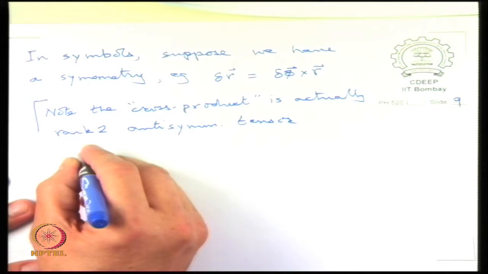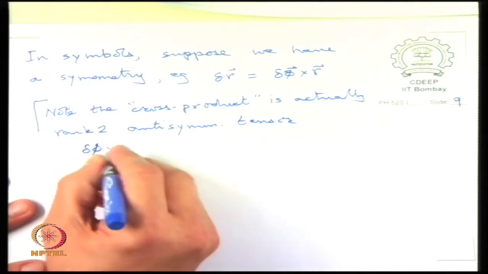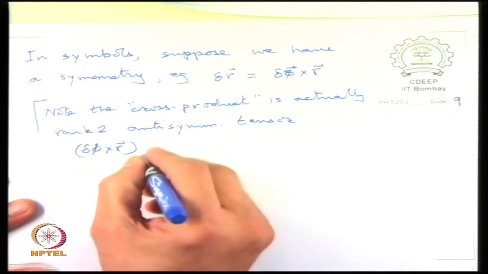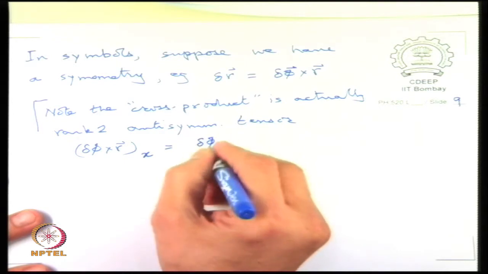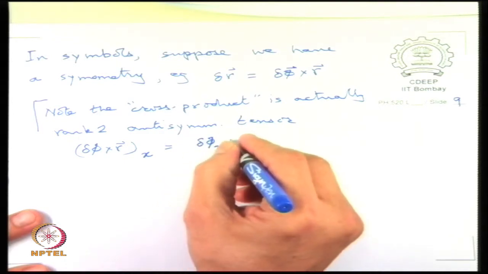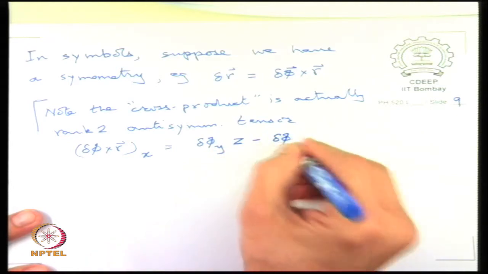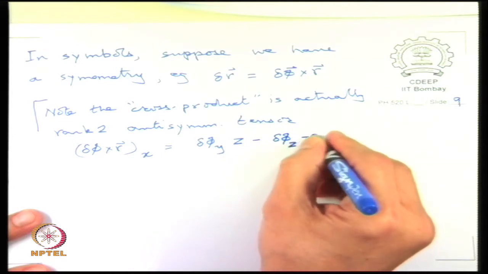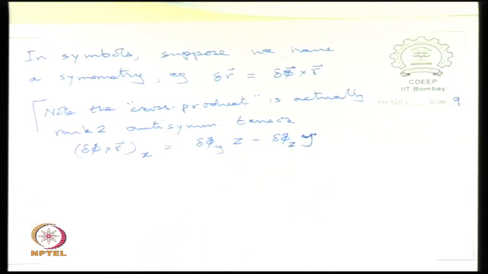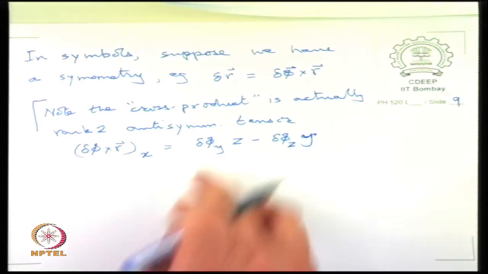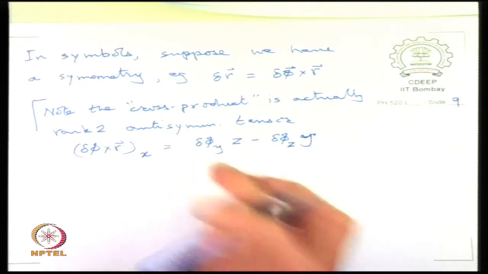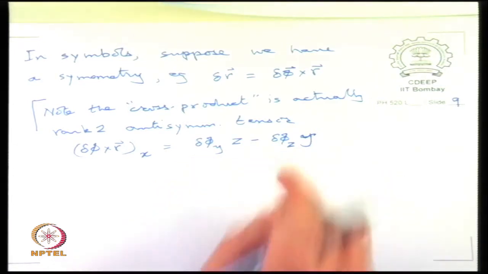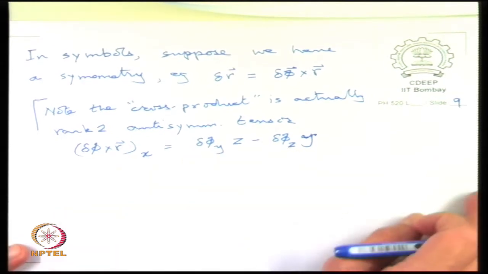So, when we say delta phi cross R, say the x component, it is supposed to be delta phi y times z minus delta phi z times y component. Right. So, there are two small rotation angles, one which is y axis delta phi y, z axis delta phi z. So, there are two parameters, but that is what it is. Okay.